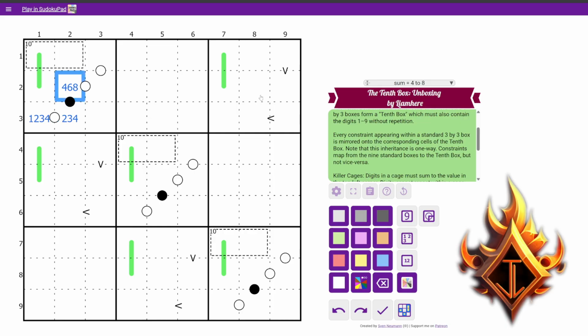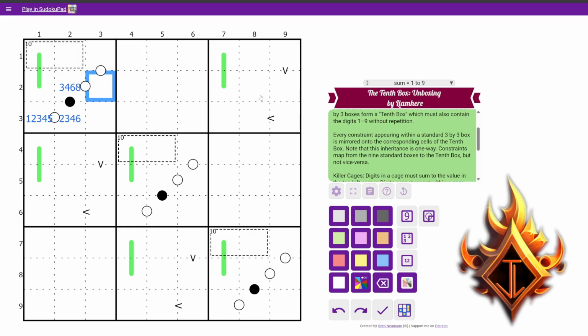4, 3, 6. 5, 6, 3. 6 cannot go here. So 5 or 7 cannot be on a black dot. 5, 4, 2 wouldn't work either, because this can't be 1.